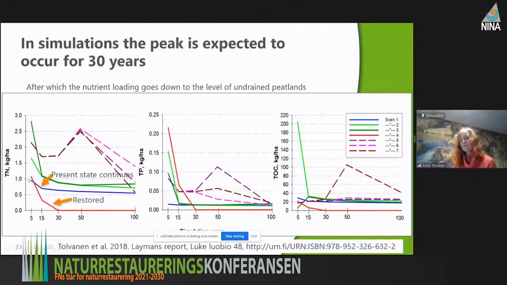Whereas we expect that from restored peatland, there is an increased runoff after the restoration, but it settles down about 30 years after the restoration has been finished. But this information is accumulating all the time, along with the field studies, getting more information.